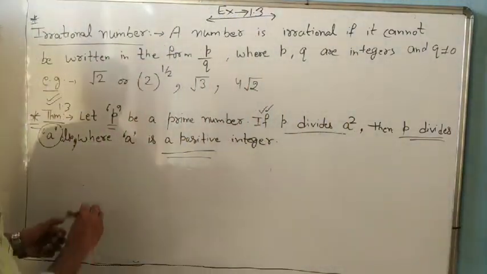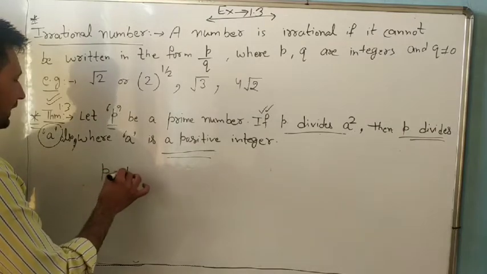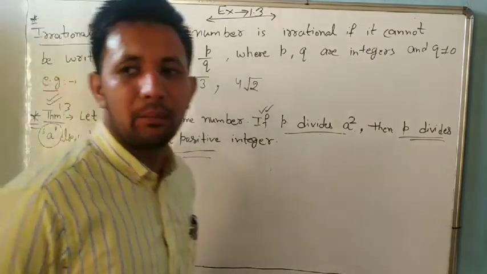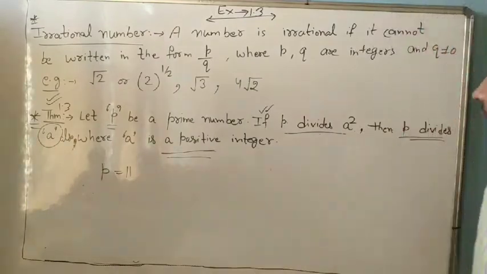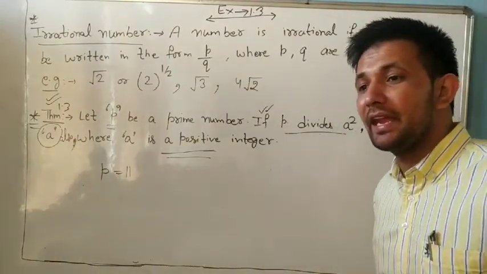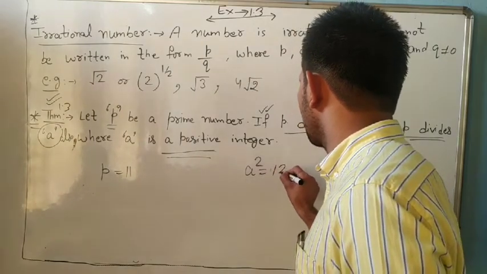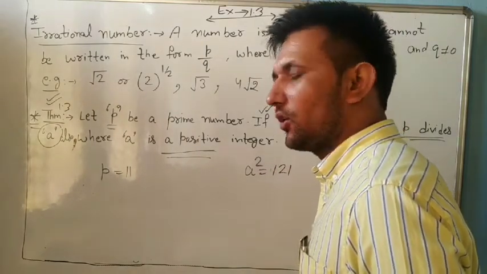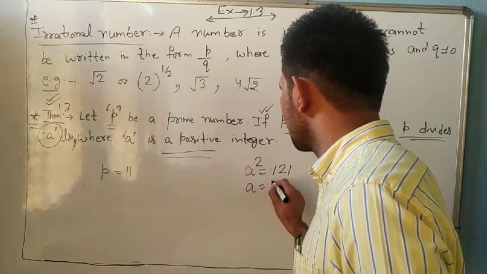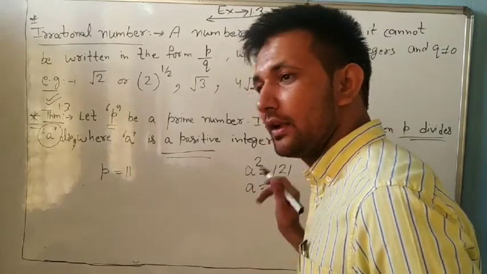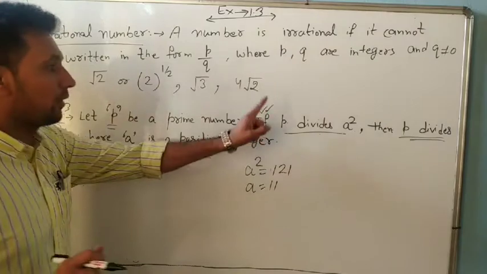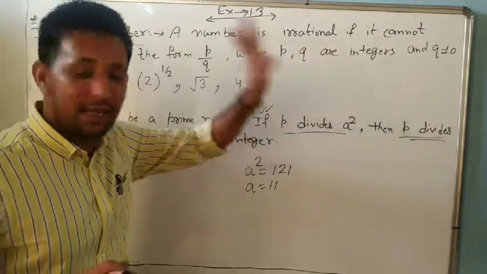Let p be any prime number. Suppose p is 11. 11 is a prime number. Next, if p divides a square, I am taking a square as 121. If a square is 121, it means a is 11. So in the question it is given that p divides a square.